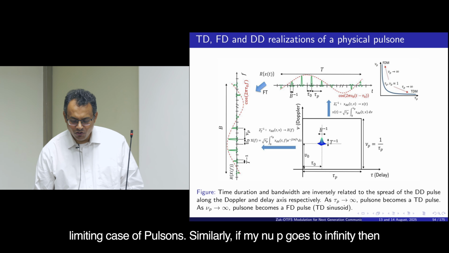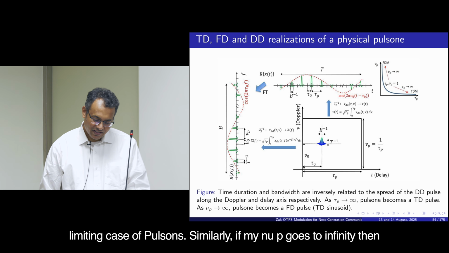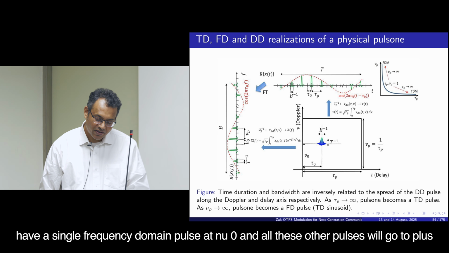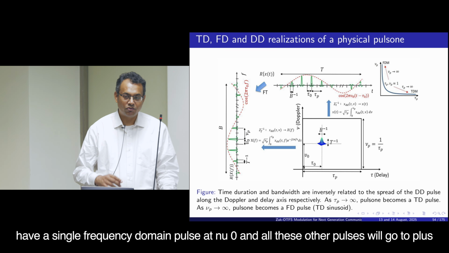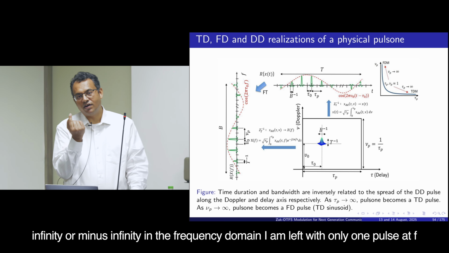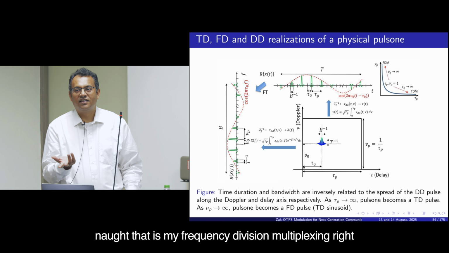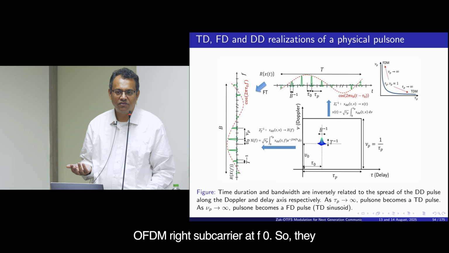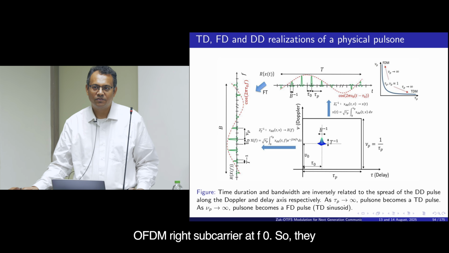Similarly, if my nu p goes to infinity, then in the frequency domain realization I will only have a single frequency domain pulse at nu naught, and all the other pulses will go to plus infinity or minus infinity in the frequency domain. I am left with only one pulse at f naught. That is my frequency division multiplexing, OFDM, a subcarrier at f0.